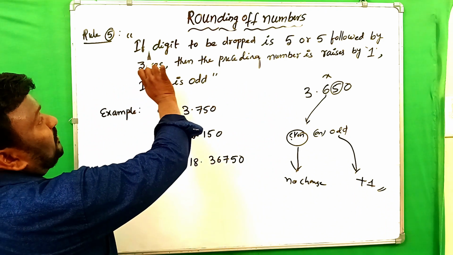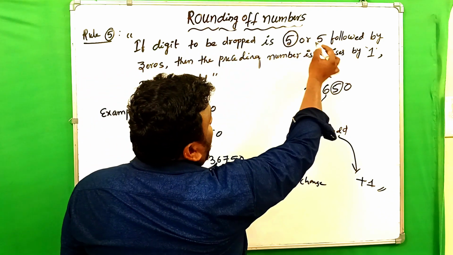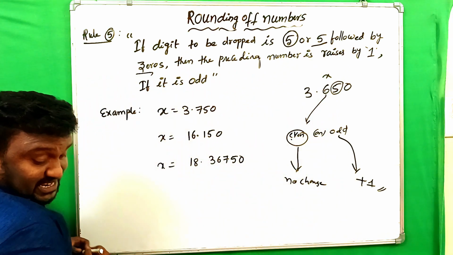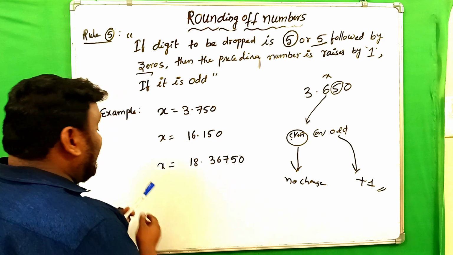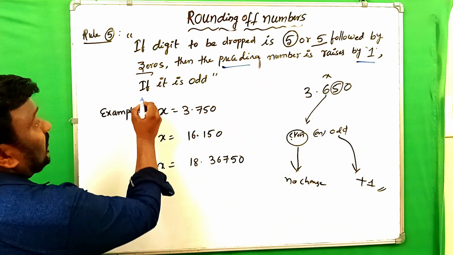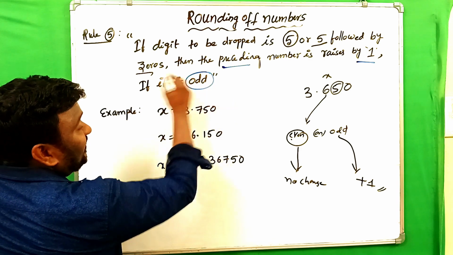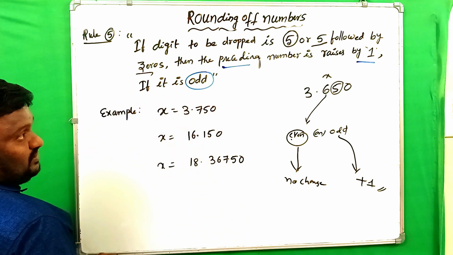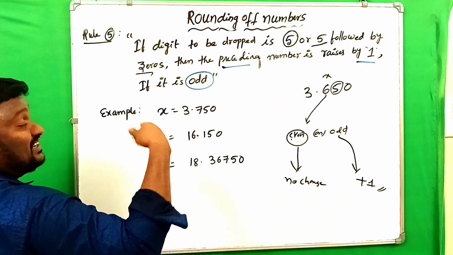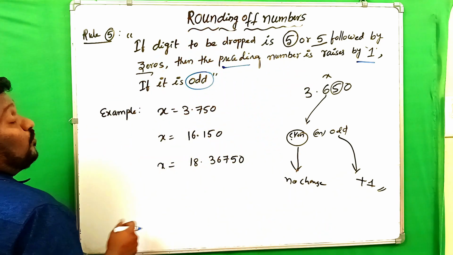If the digit to be dropped is 5 or 5 followed by zeros, then the preceding number is raised by 1 if it is odd. If it is even, there is no modification to the preceding number. If it is odd, then it is raised by 1.